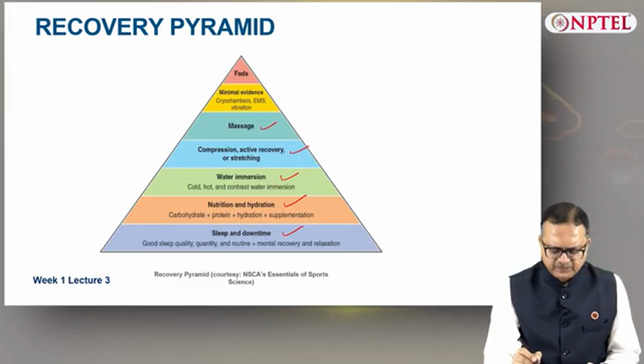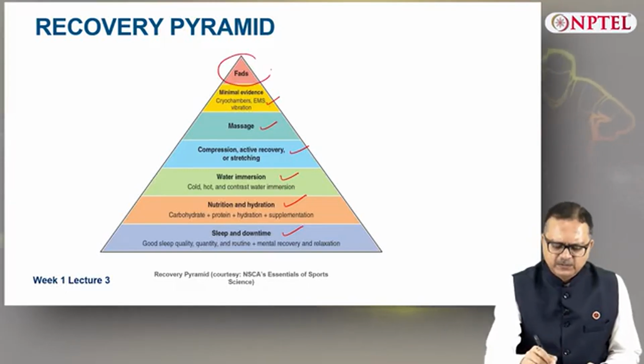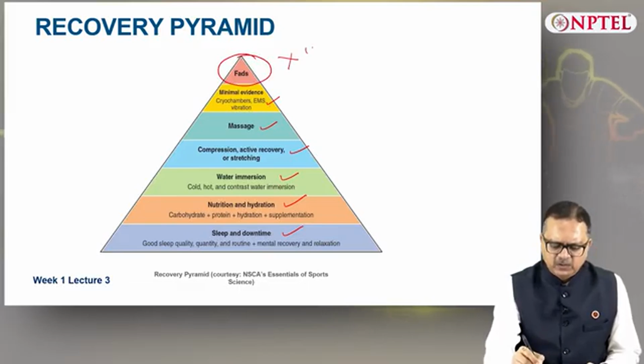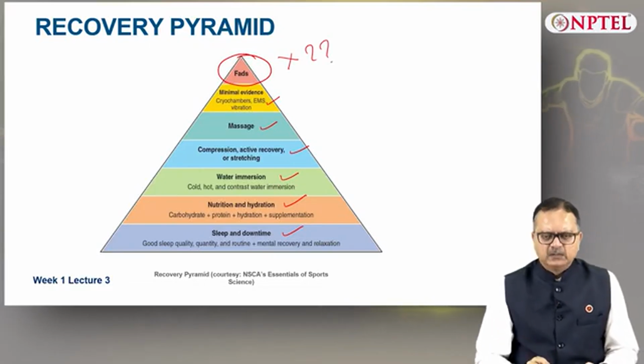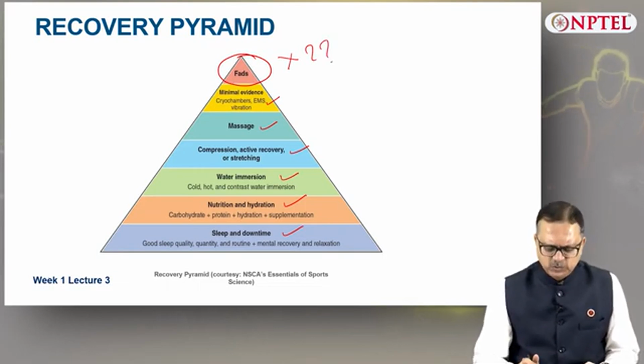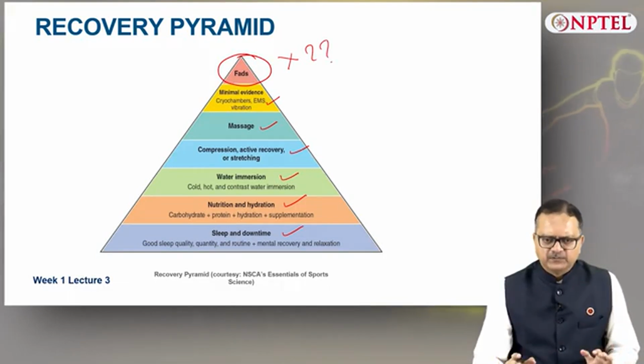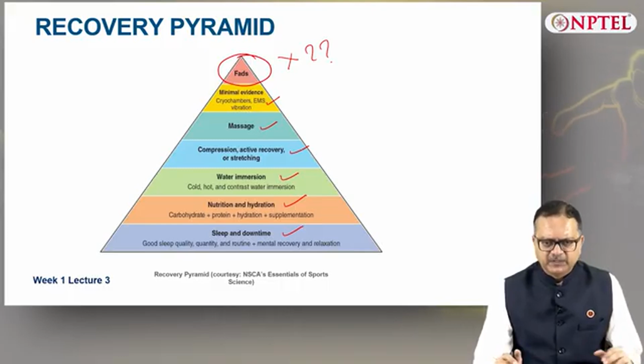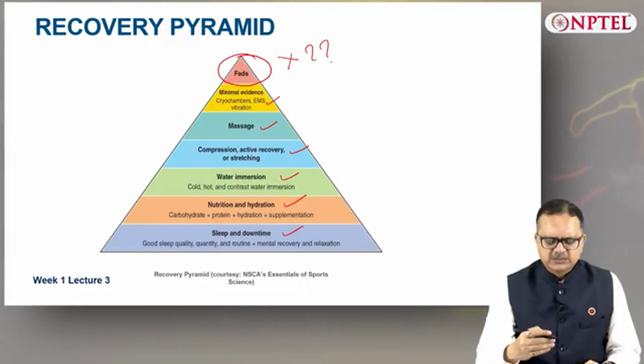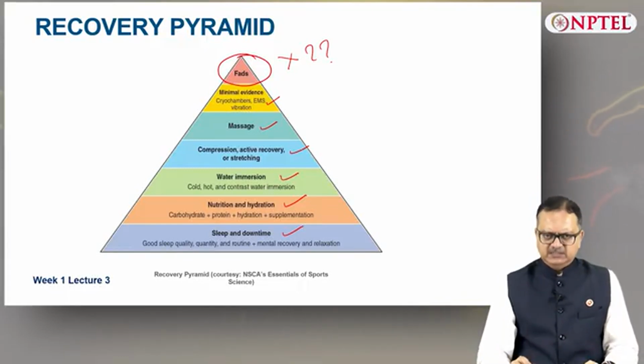Use massage. Use cryo chambers, EMS or vibration, and be wary about recovery fads. So use more of the items which are towards the bottom of the pyramid and use the items towards the top of the pyramid less or not at all.